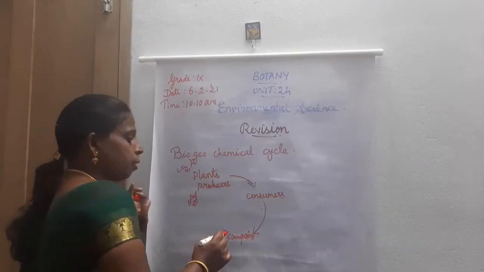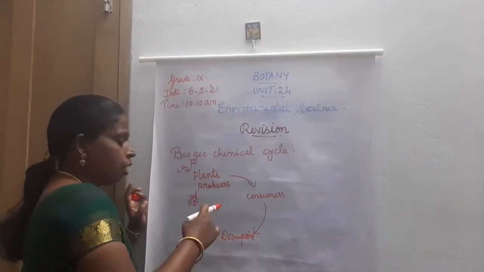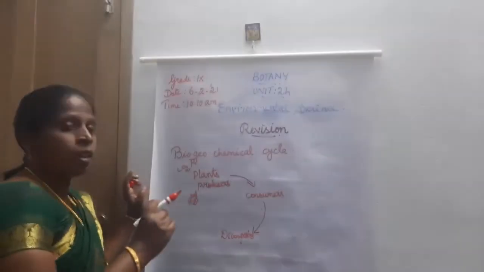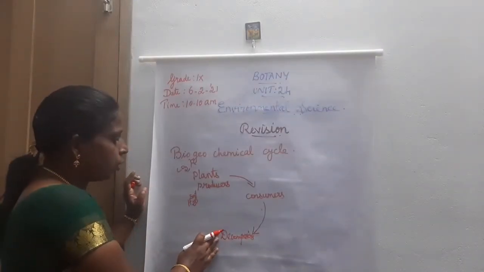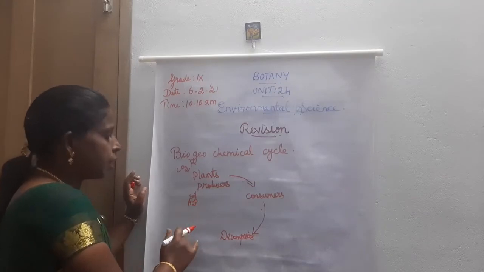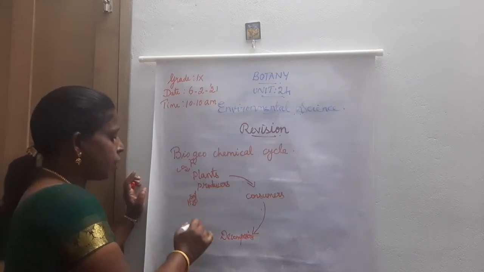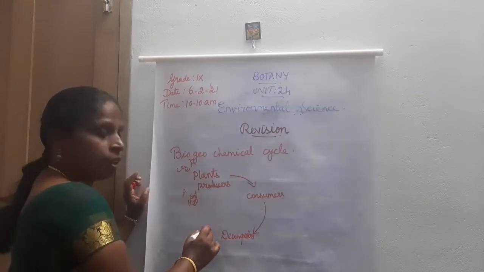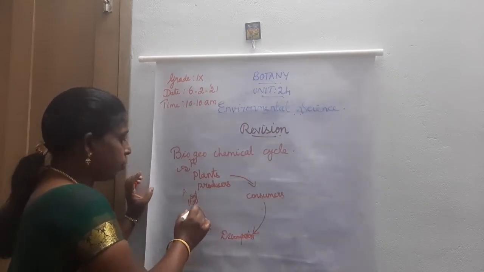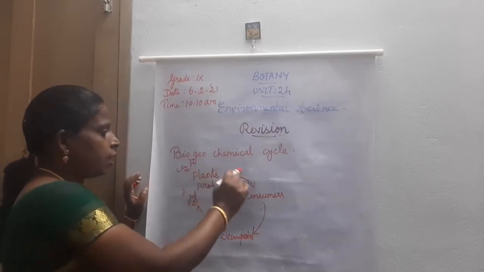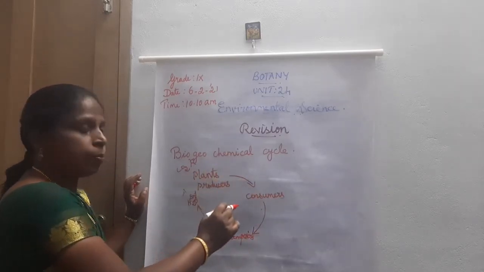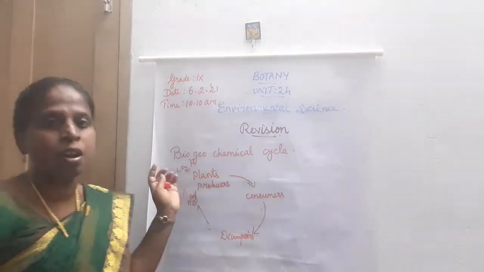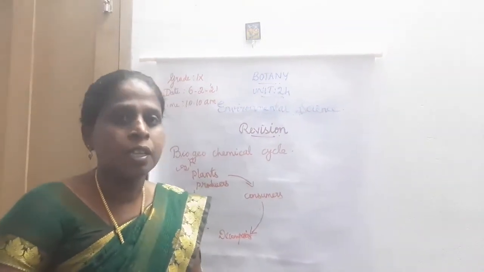So during this time the organic materials are broken down into minerals, and the carbon dioxide that is evolved goes again to the atmosphere, and the minerals enter into the soil. So here the cyclic flow of energy between the non-living things and the living things is there. They are called the biogeochemical cycle.